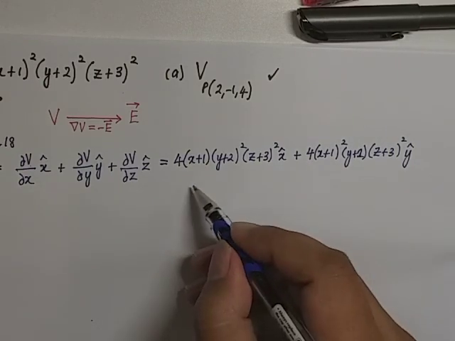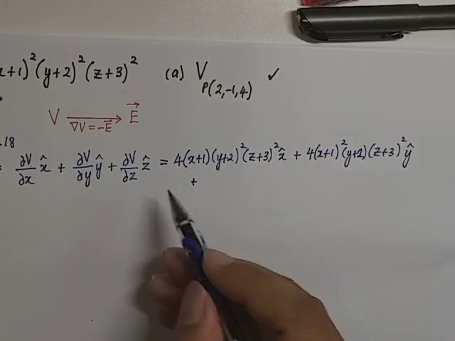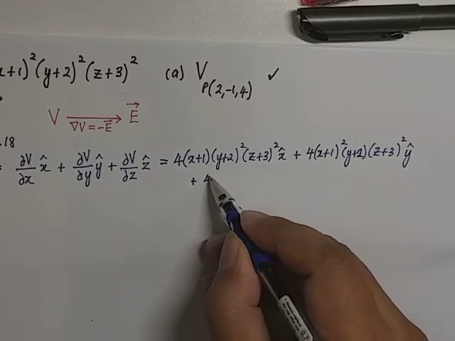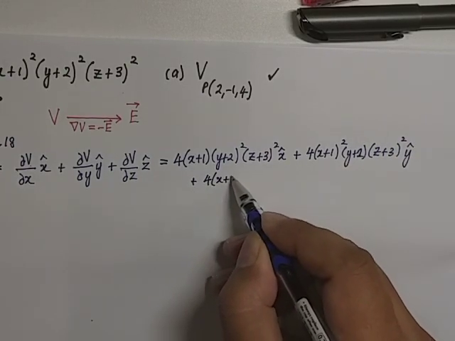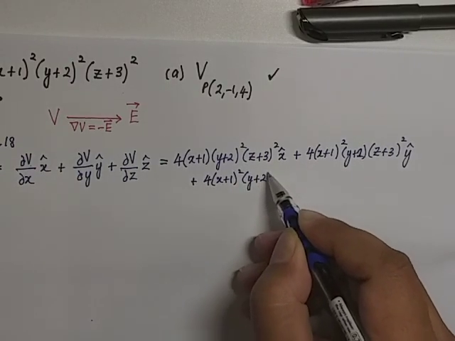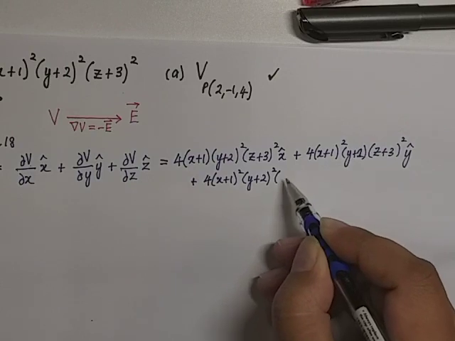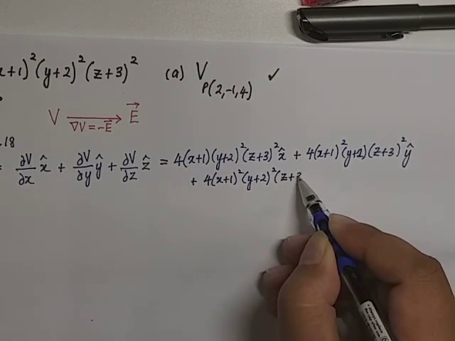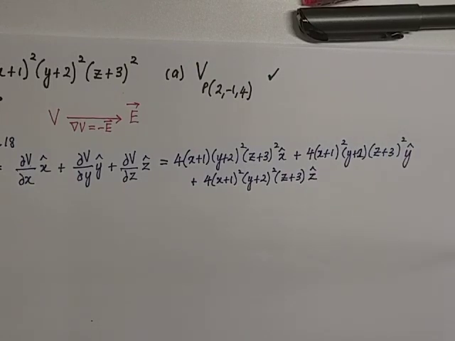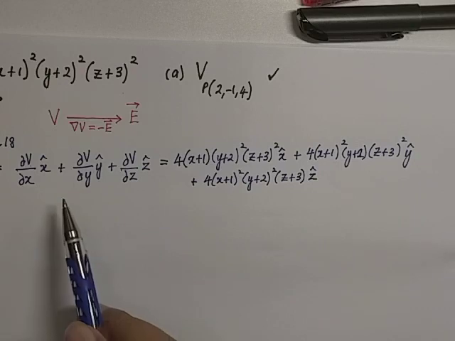And finally, for the differentiation of the third term with respect to z: 4 times (x+1) squared, (y+2) squared, (z+3), and again, don't forget to add the direction z. So that's the differentiation, just solving the mathematics.